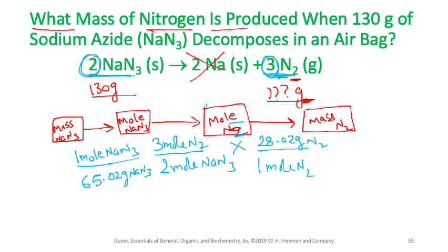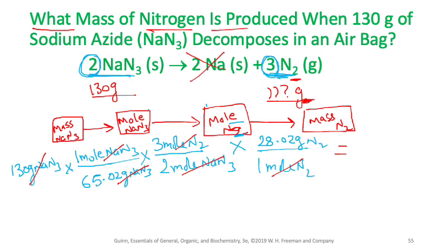Multiply these conversion factors with themselves and along with your given number, which is 130 grams of sodium azide, Na3. Now grams of Na3 cancel with grams, moles of sodium azide with moles of sodium azide, moles of N2 with moles of N2. Then what are you left with? Grams of N2, right?